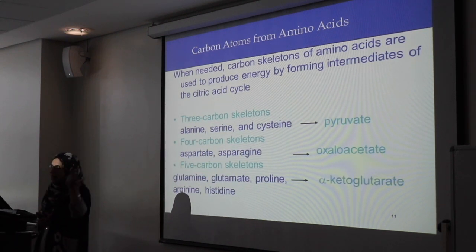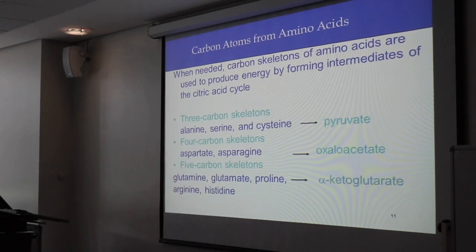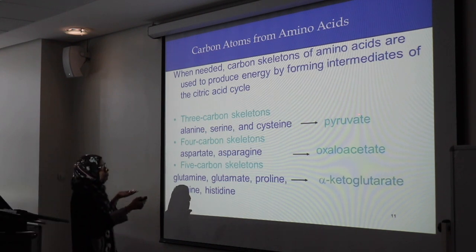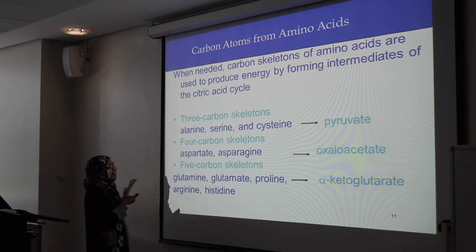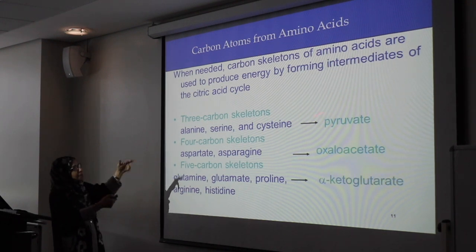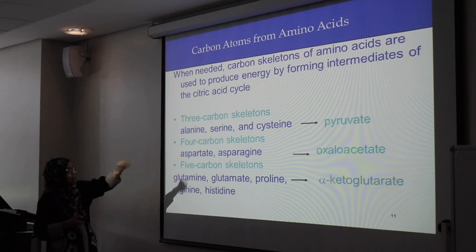So if I have a 3-carbon amino acid and I remove the amino group, I'm going to have a 3-carbon product. For instance, alanine is 3 carbons. I remove the amino group and get pyruvate.